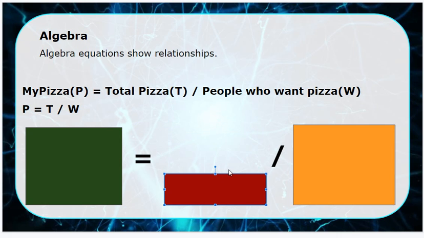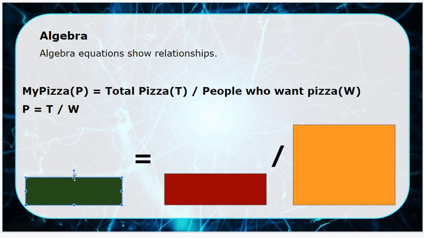Let's say that someone messed up and they only ordered 2 pizzas for 10 people. Okay? Now, the people that want pizza is still big. So what's that going to do to the pizza that you get? Well, if there's not a lot of pizzas to start out with, then the pizza that you get is going to be very small. Right? The more people you have to divide that by, the less pizza you're going to get.